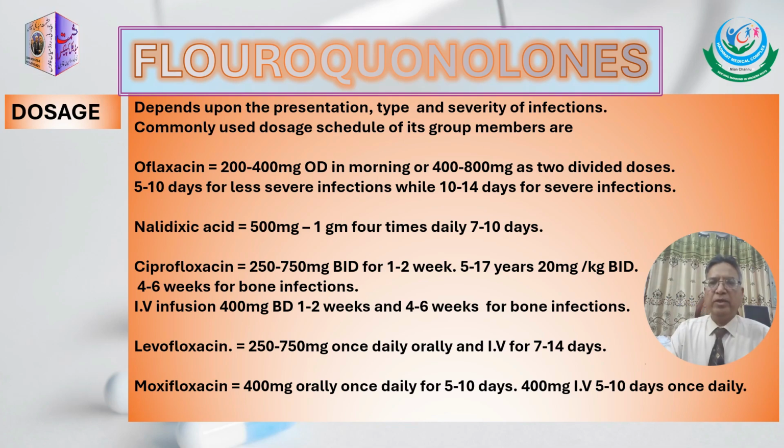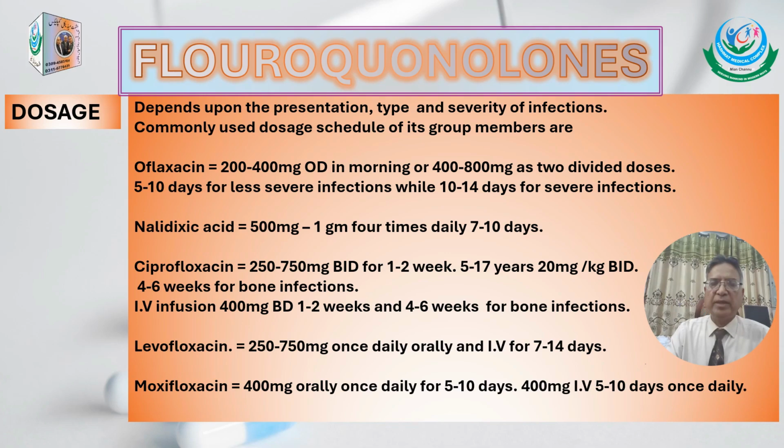In the adolescent group from 5 to 17 years of age, the dose is 20 milligram per kilogram twice a day. While in patients with bone infections, ciprofloxacin is used for 4 to 6 weeks. While using IV infusion, the dose should be 400 milligram twice a day for 1 to 2 weeks, while in bone infection from 4 to 6 weeks.